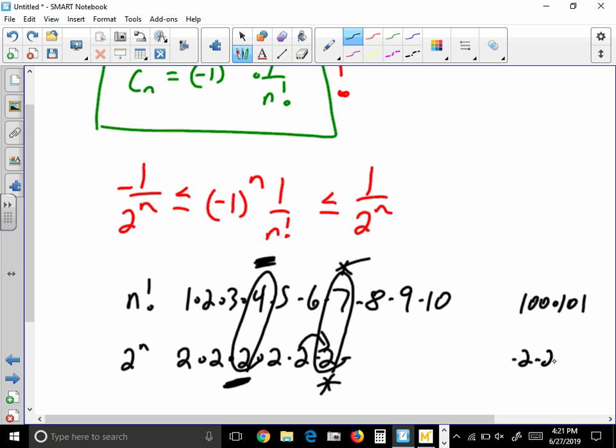Well, we're only multiplying by 2 out here. So in terms of growth, which of those is growing faster as n gets bigger? Is n factorial growing faster, or is 2 to the n going to grow faster? That one's going to grow faster. To begin with, this one is bigger for the first 3 or so terms, but after a while, this one is going to get bigger faster and faster and faster.